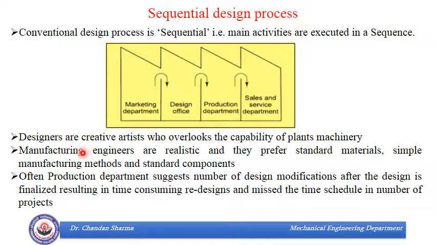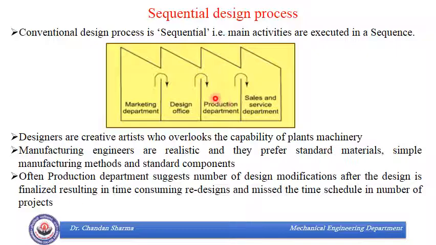Basically what happens, designers are creative artists who overlook the capability of the plant's machinery. If this office does not know the manufacturing capability of this department, it will not be able to design properly. Further, the people over here are realistic and they prefer standard materials, simple manufacturing methods and standard components.